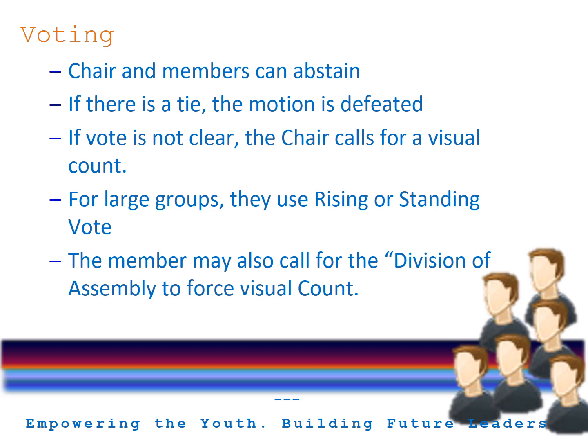If vote is not clear, the chair calls for a visual count. This is what we were talking about earlier, that is the division. For large groups, they use rising or standing vote, and the member may also call for the division of the assembly to force visual count, especially if the voting result is unclear.